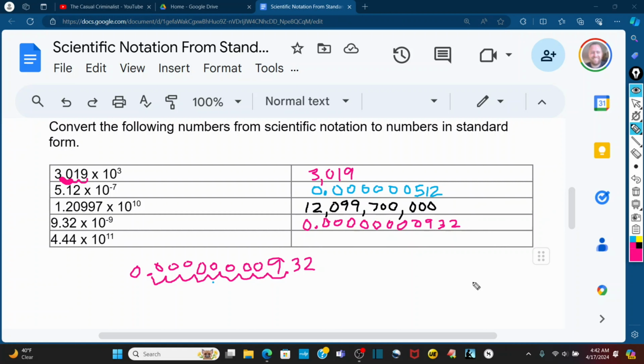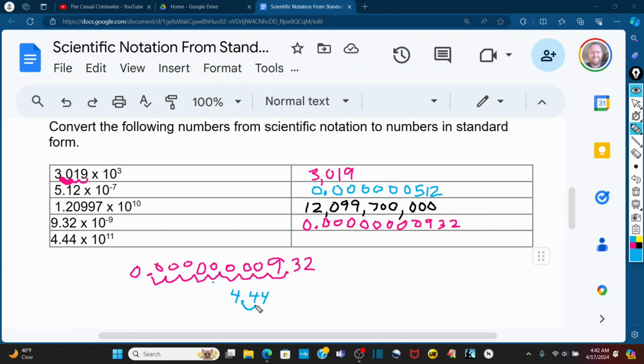Okay, next, or the last one, we have 4.44 times 10 to the 11th power. We are going to move 11 places to the right and add zeros as necessary. So we're starting with 4.44. We got to move 11 places to the right.